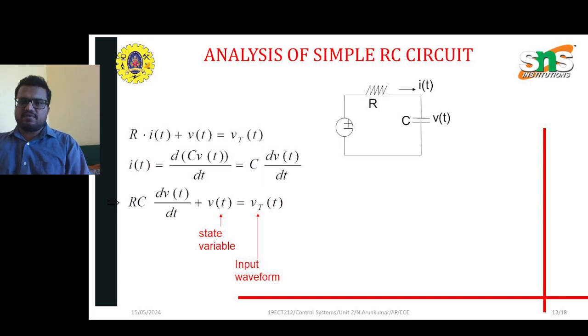The RC circuit is described by R into current I of t plus voltage V of t equal to the input voltage V of t. Differentiating the equation, we get RC dV(t) by dt plus V of t equal to V input of t. So the input variable depends on the state variable V of t.